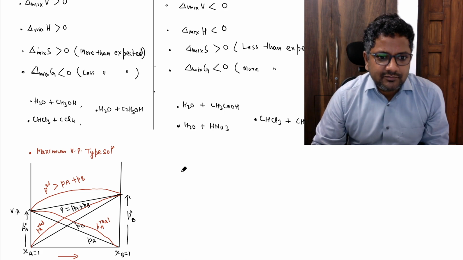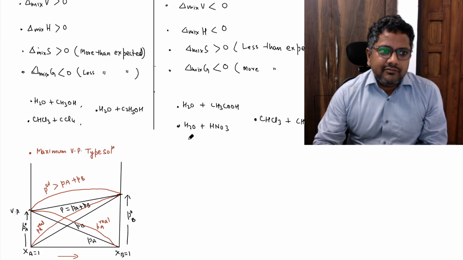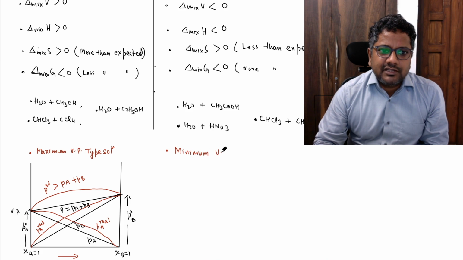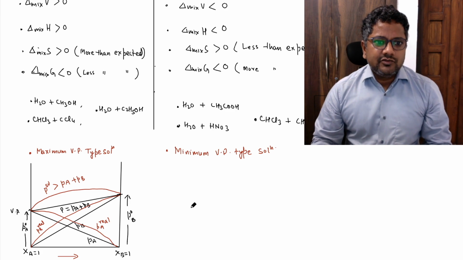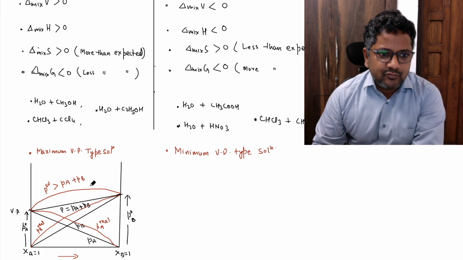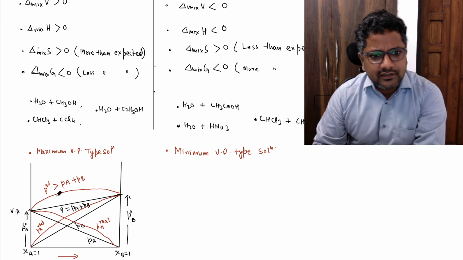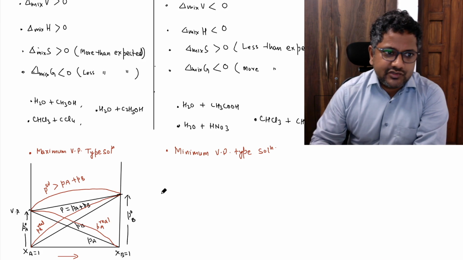And those showing negative deviation are said to be minimum vapor pressure type solution, right? So there is one point at which the vapor pressure is maximum. After that, this will decrease, and this will decrease. But overall, it is always more than the ideal vapor pressure, right?